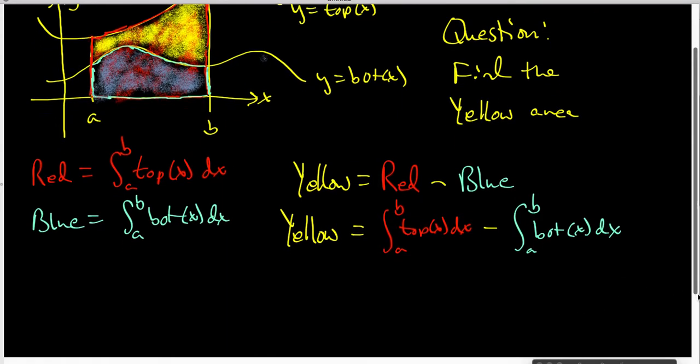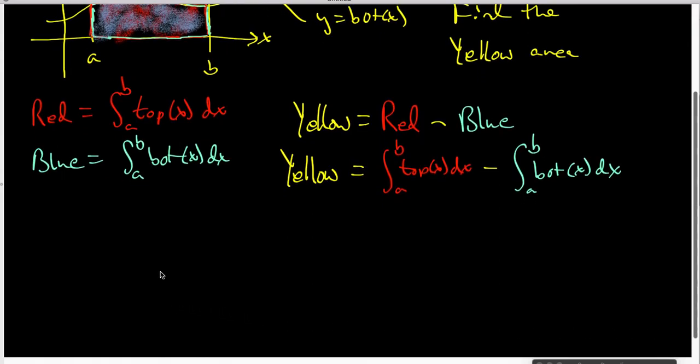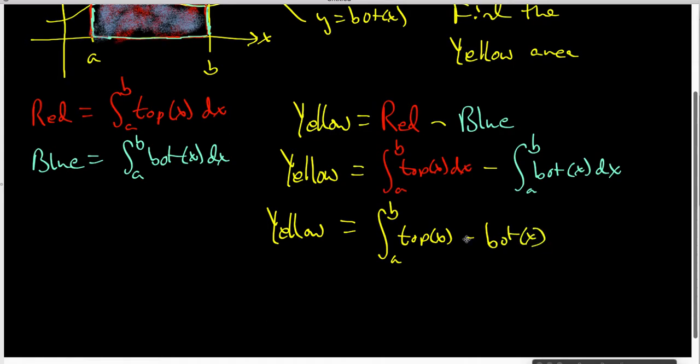And so what I now have is a nice formula, because I can rewrite this as the yellow area is going to be equal to the integral between a and b of the top function minus the bottom function, based on our properties of definite integrals.